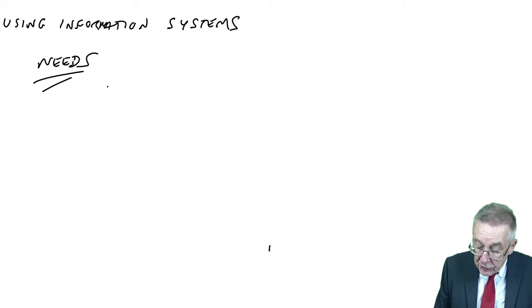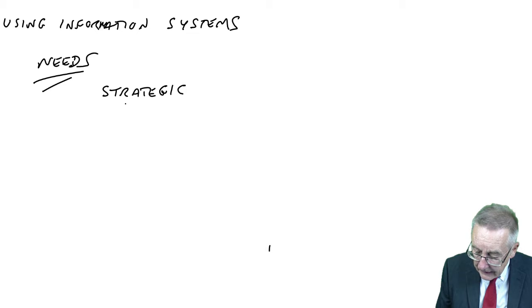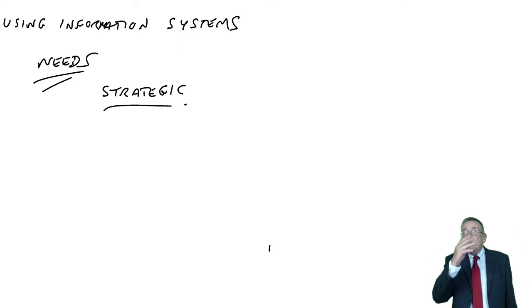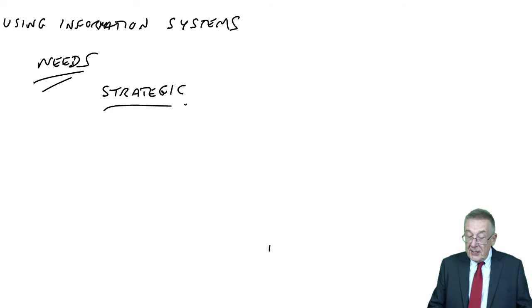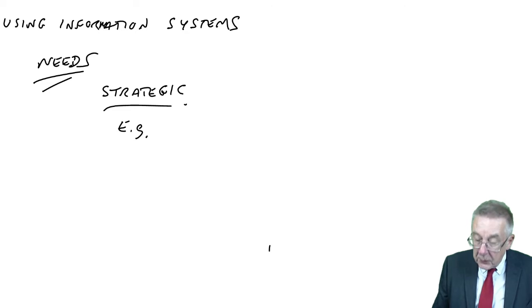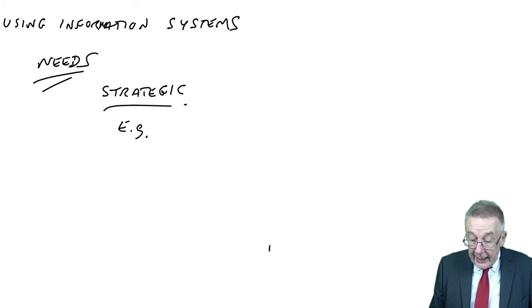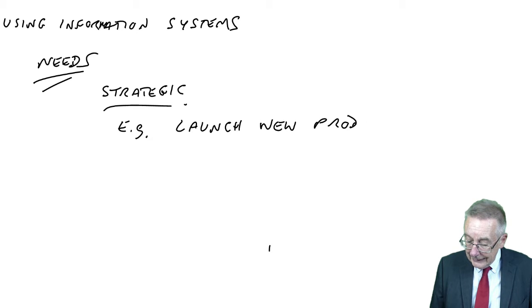The top level, strategic decisions. These are long-term decisions. I've written there 5 to 10 years, but that's not a rule. But it's long-term decisions, such as, for example, shall we launch a new product? Or shall we open a new office?